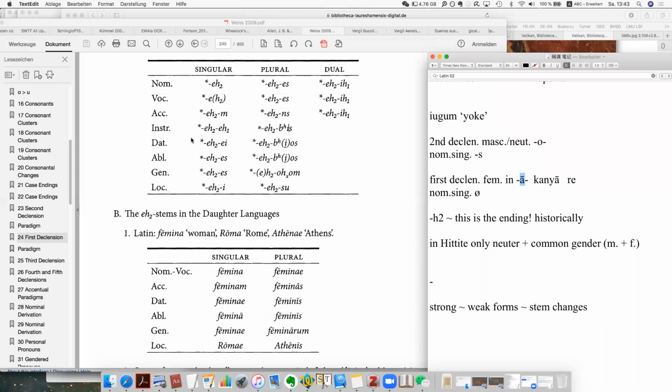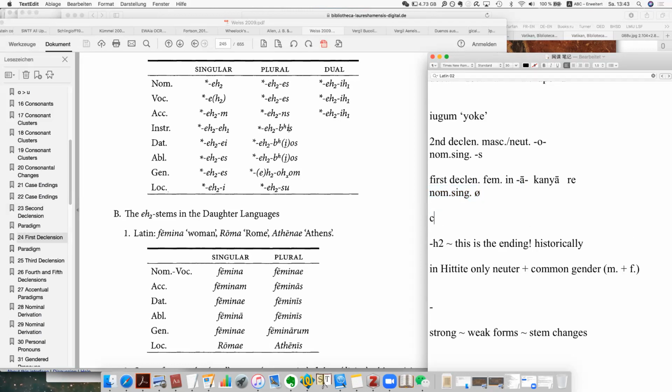So for this one, as I mentioned, you need to know that for the first declension, the nominative singular is zero because the origin is kind of the collective plural. I write it here, collective plural.